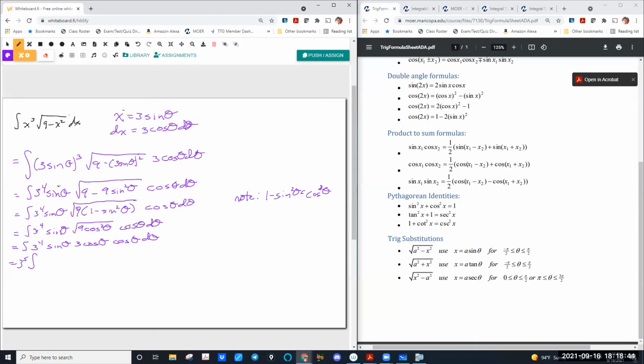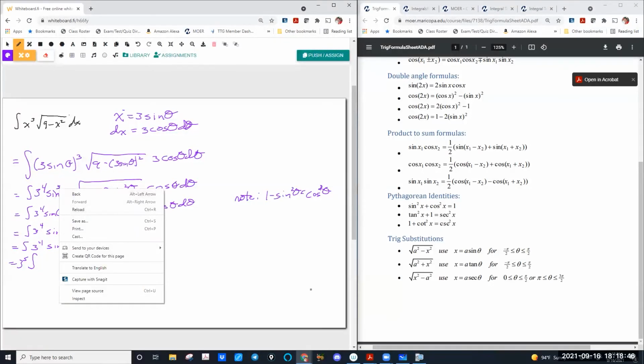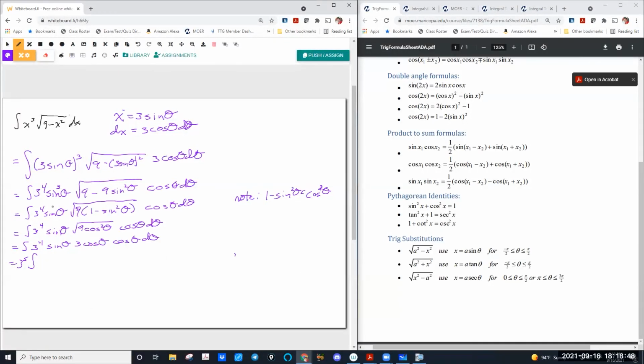This sine should have been cubed, because it was cubed up there. A sine's got to be cubed. Apologies. Sine cubed theta, and cosine times cosine is cosine squared theta d theta.